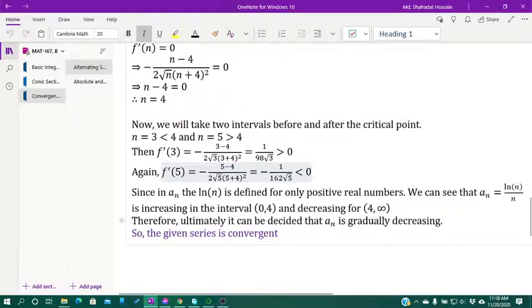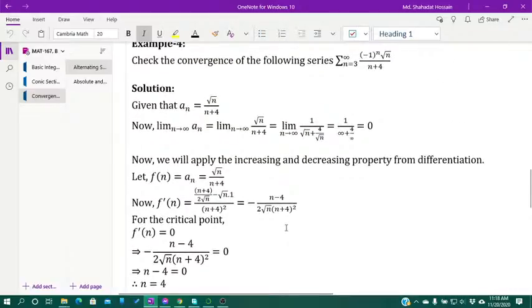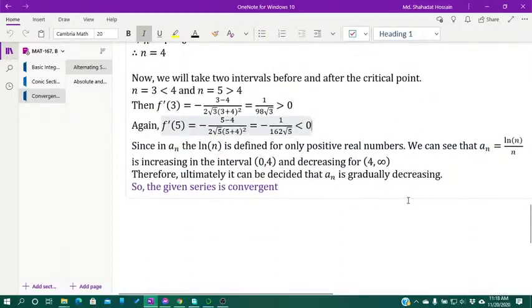So ultimately we can decide that an is gradually decreasing. So both conditions are satisfied, that is the limiting value of an is equal to 0 and an is decreasing. So the given series is convergent.